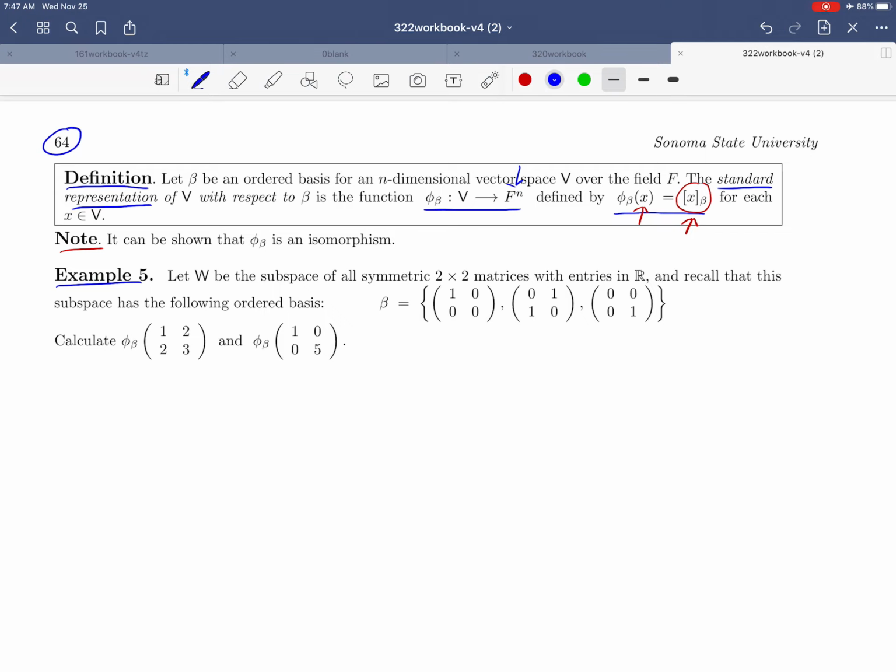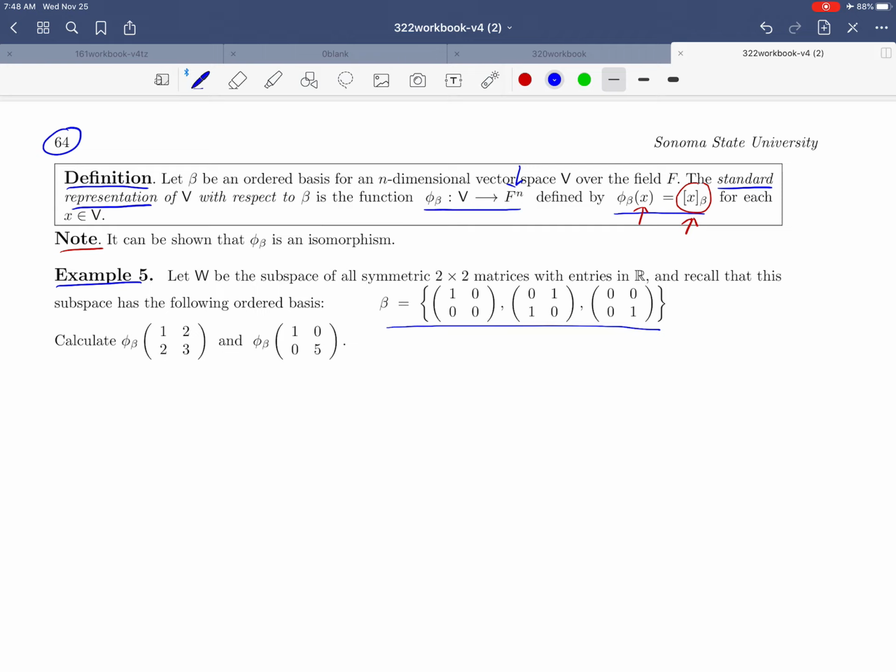So they'd like us to let W be the subspace of all symmetric 2x2 matrices with entries in R. Now recall that we have a nice basis for the set of symmetric matrices that looks like this. We can build any symmetric matrix as a linear combination of those three matrices.